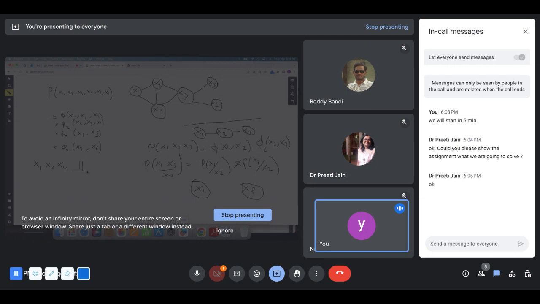Typically you represent independence like this. Mostly we will use this property in today's problem solving session. Is that clear?